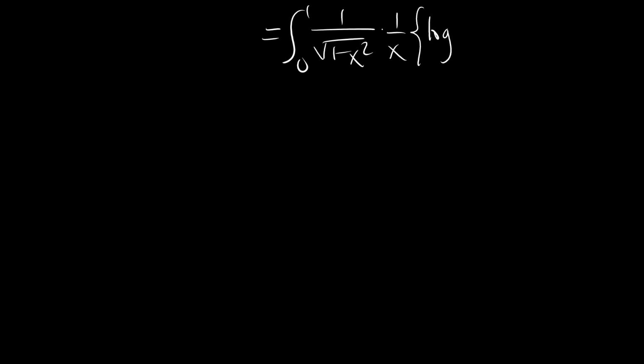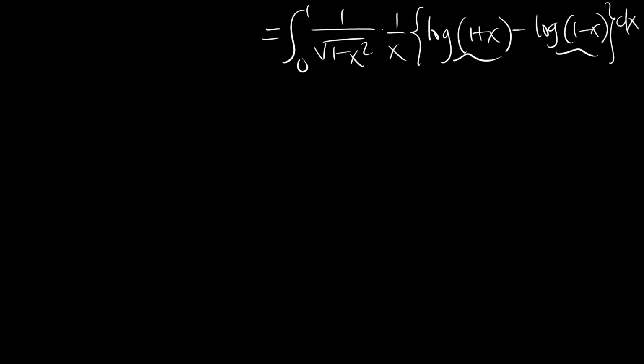So this becomes the integral from 0 to 1 of 1 over square root of 1 minus x squared, and we have 1 over x times log of 1 plus x minus log of 1 minus x.